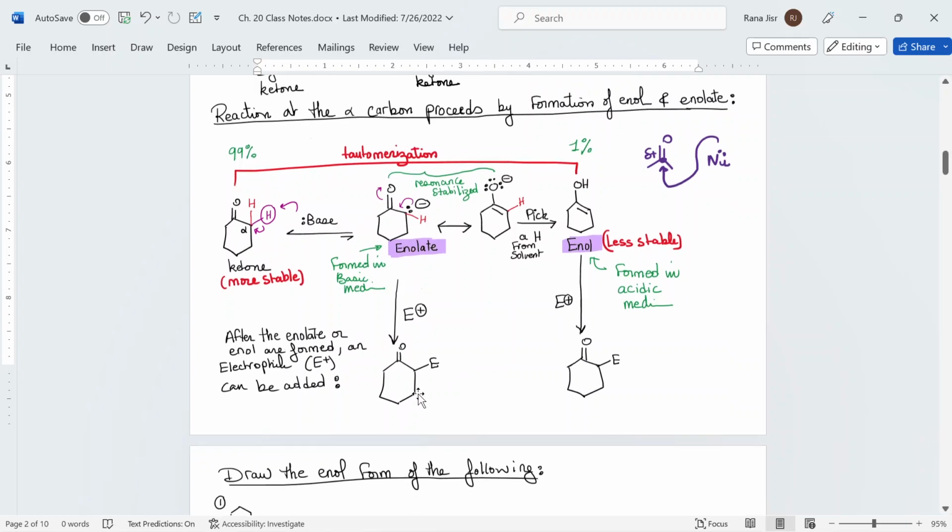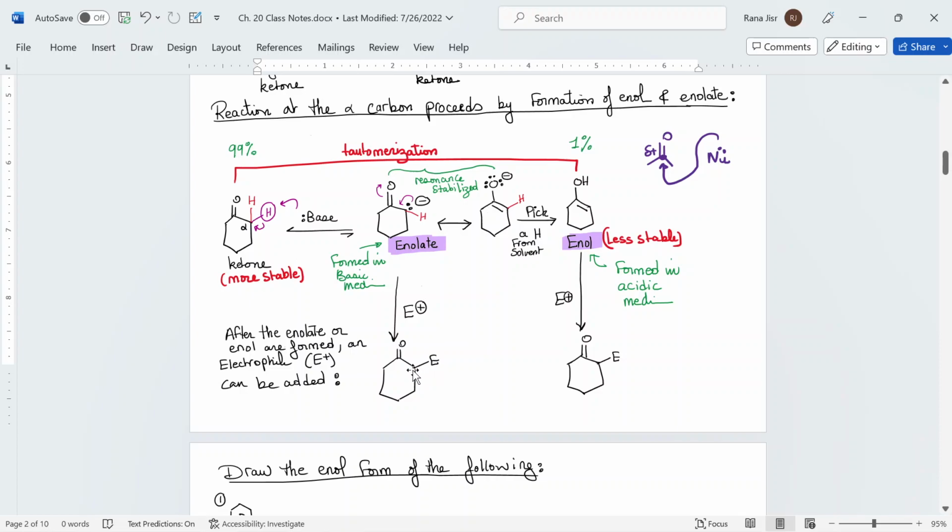What you are going to end up doing is simply adding the E to the alpha carbon. This is called the addition of the electrophile to the alpha carbon, whether you are working with a basic medium or with an acidic medium.